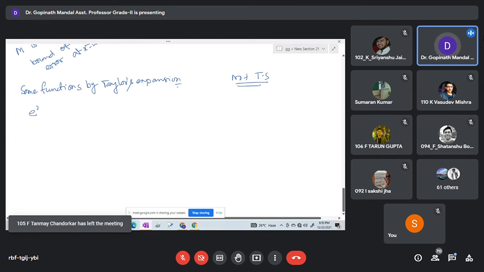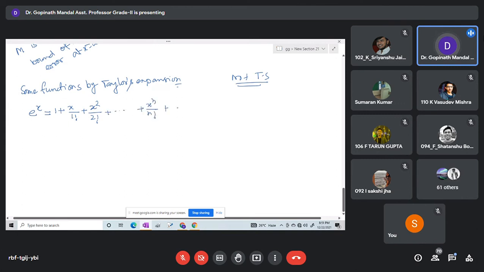So e to the power x, we know, by Taylor expansion about x equal to 0, we get 1 plus x plus x square by factorial 2 up to x to the power n by factorial n, and the remainder term will be x to the power n plus 1 by n plus 1 factorial and e to the power c.